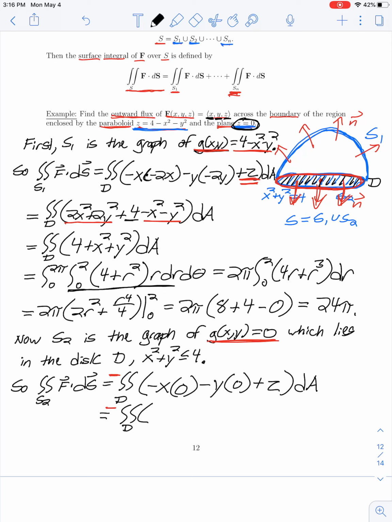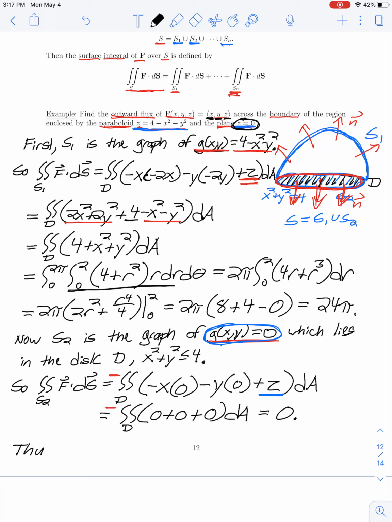And what we're left with is 0 plus 0 plus z. But the value of z on the surface S2 is 0. Remember, S2 lies in the xy plane where z is equal to 0. So we're left with 0 for that third component. So this double integral of the 0 function gives us 0.